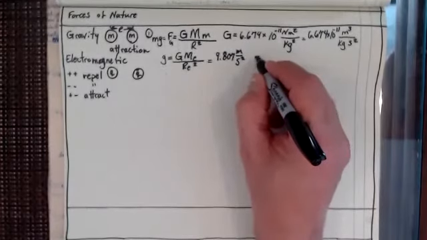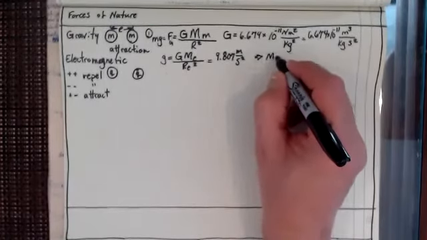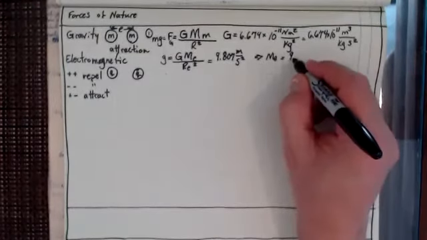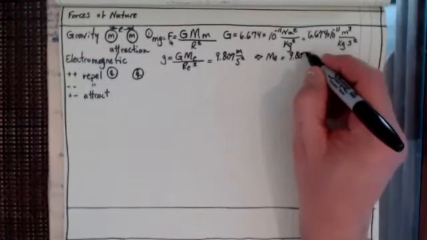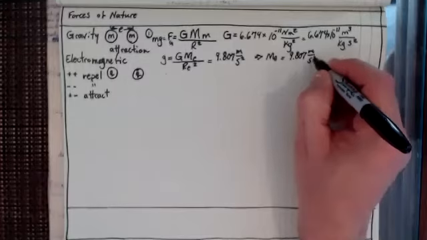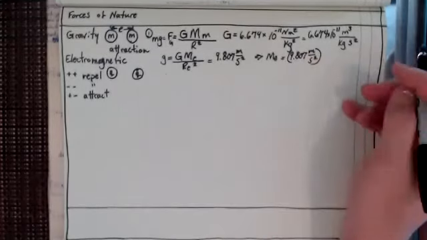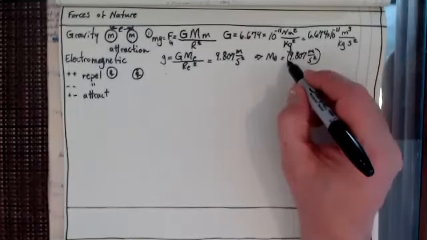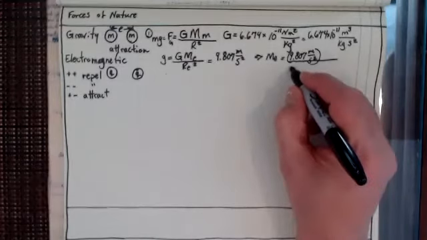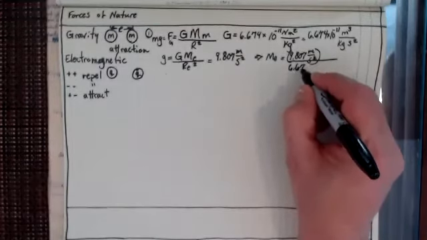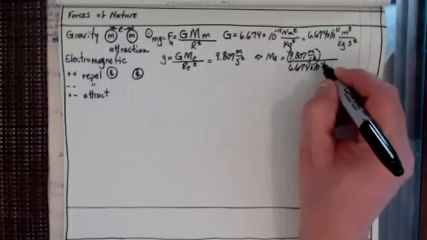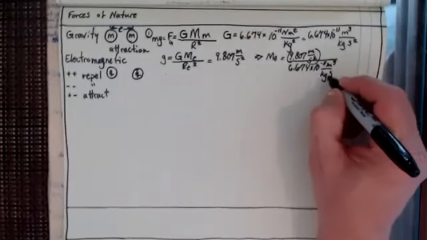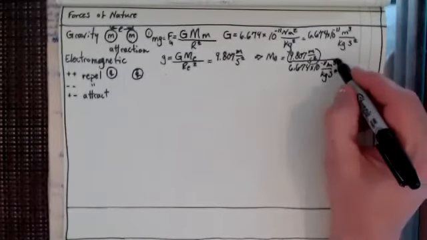So what we could do is we could say that the mass of the Earth is going to be equal to 9.807 meters per second squared. Right, that's the gravitational attraction at the surface of the Earth, divided by Newton's gravitational constant, 6.674 times 10 to the minus 11 meters cubed over kilograms seconds squared, right?